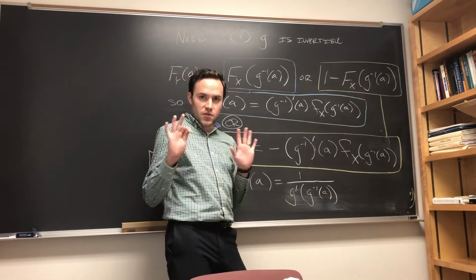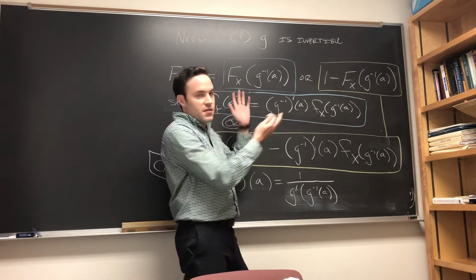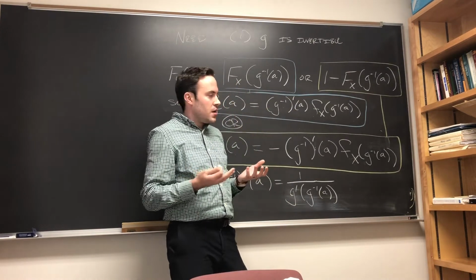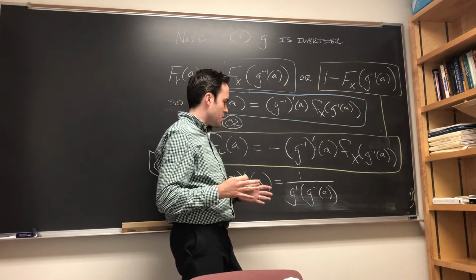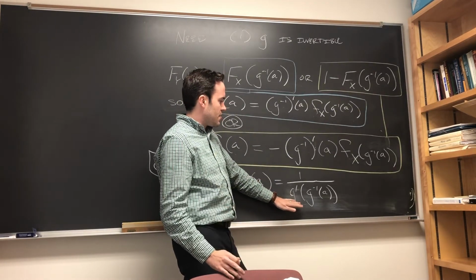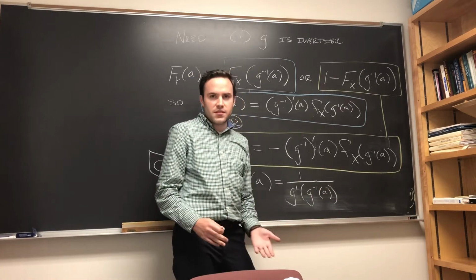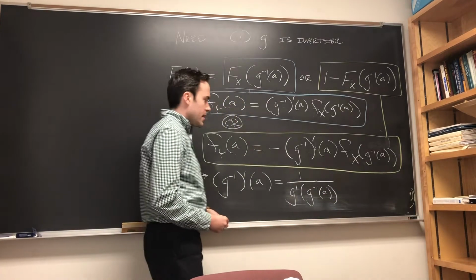When G prime exists, first of all, which in all the examples we saw in class, it did exist everywhere, at least everywhere that the original function was defined. So that's usually less of a major point. And the really important thing here is that this denominator just can't be 0, right?